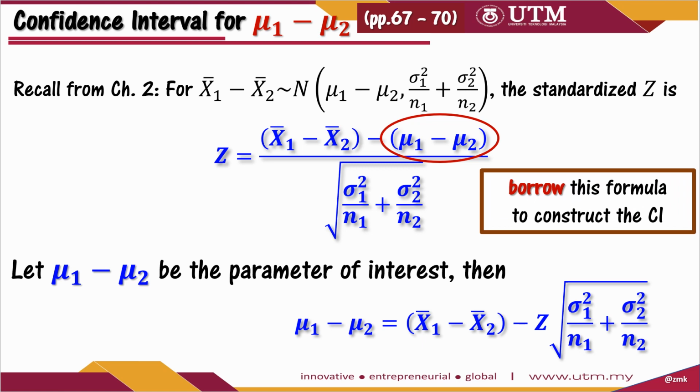By borrowing this formula, we can now construct the confidence interval for the difference between the unknown population means mu1 minus mu2, which will be explained further in the following slide.